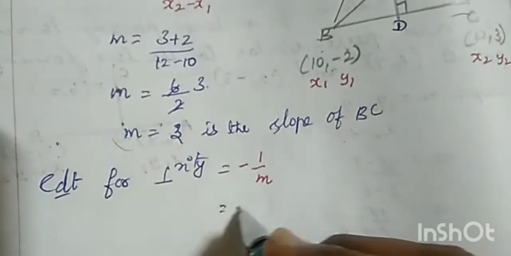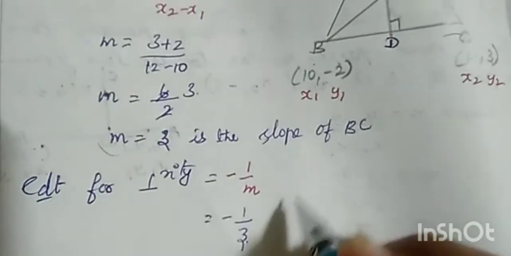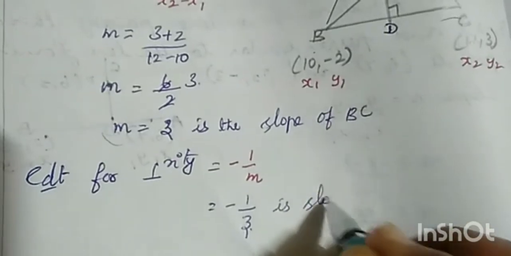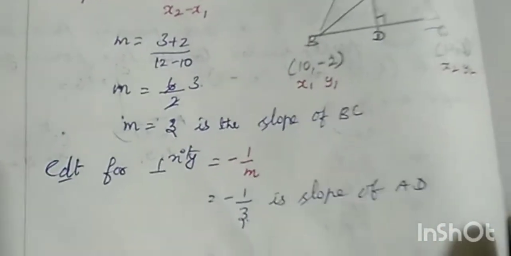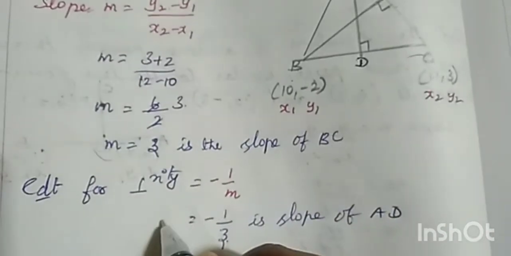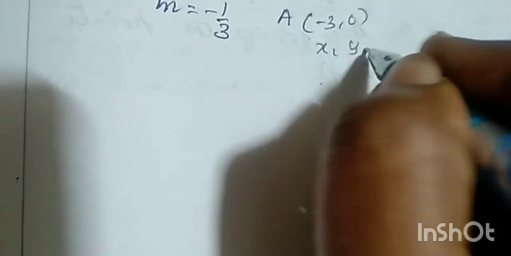So minus 1 divided by 3 is the slope of AD. Now one slope is there: slope m is equal to minus 1 by 3, and the point A is minus 3, 0. So x1, y1.